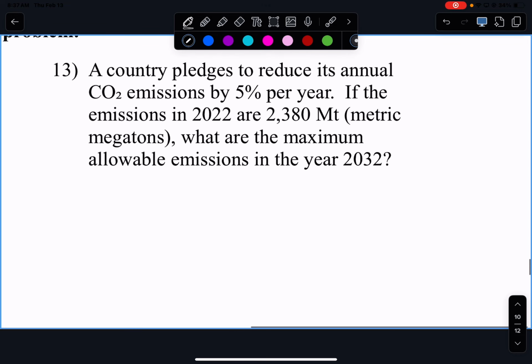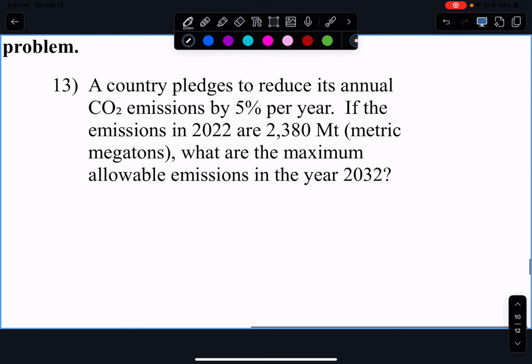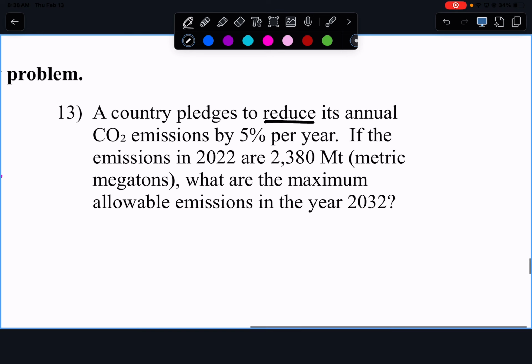So for this one, it says a country pledges to reduce its annual CO2 emissions by 5% a year. Already, what does that reduce tell me is happening? Decay. Then it gives me a rate, 5%.